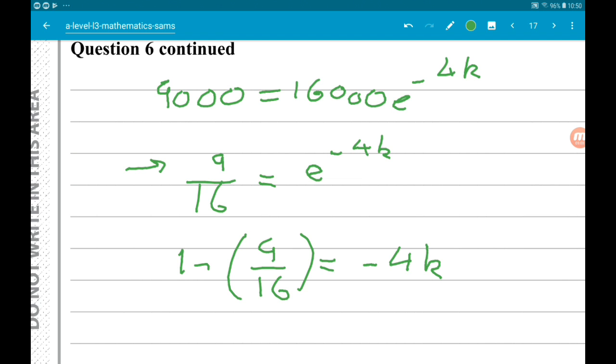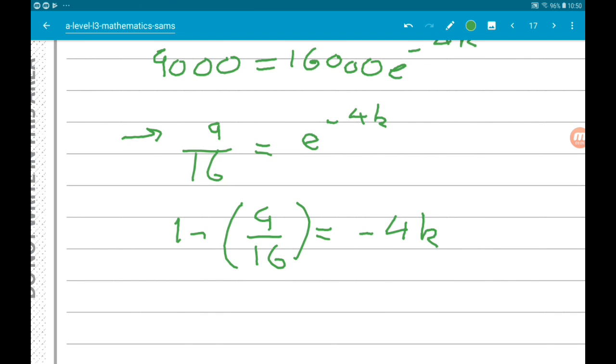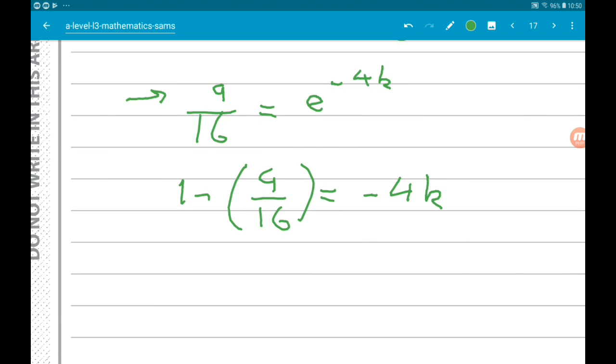Now, if we divide through by minus 4, we get k is equal to minus a quarter log of 9/16.